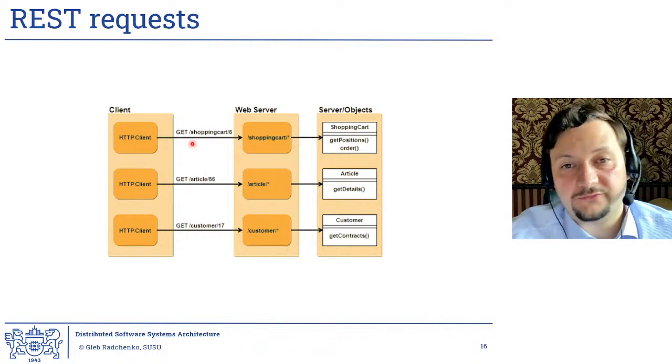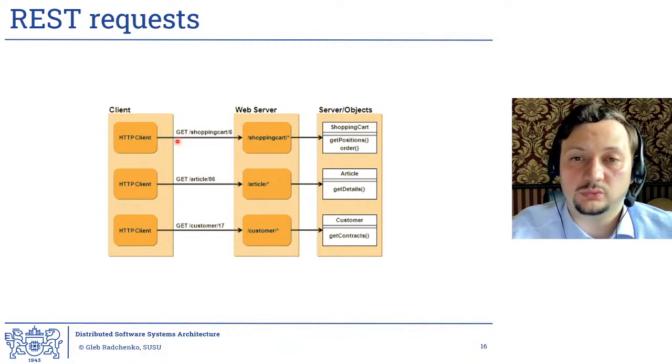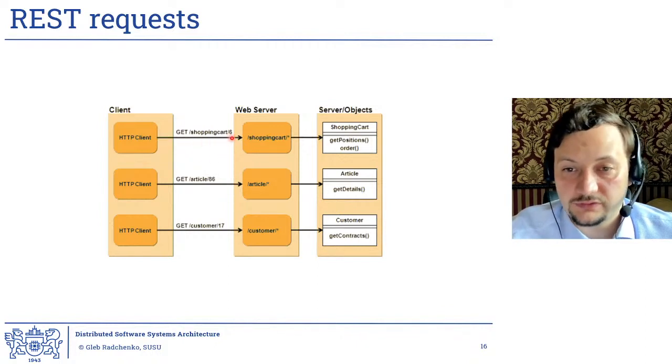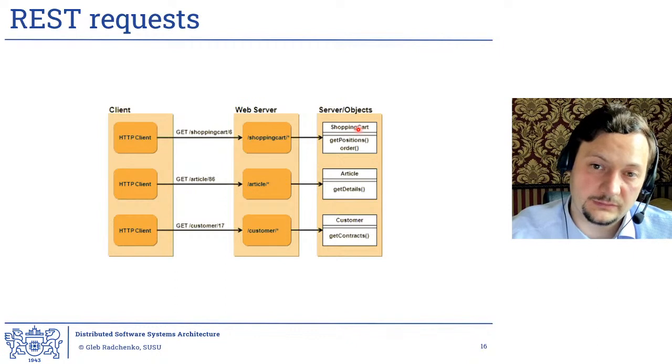If we want to modify this object, we need to use another method, not get, but put. When we put and pass the information about the object, the server understands that instead of reading, we want to write the information to the remote object.